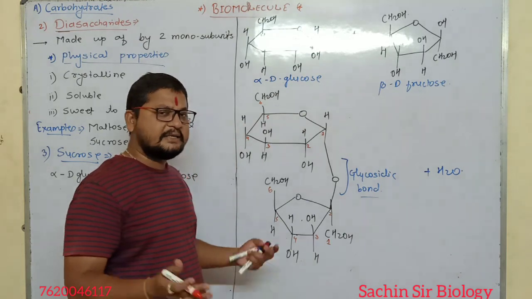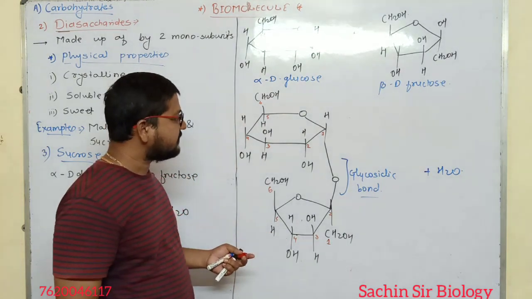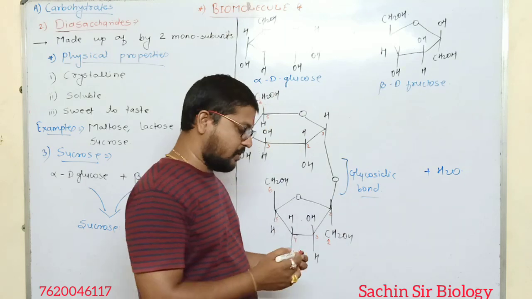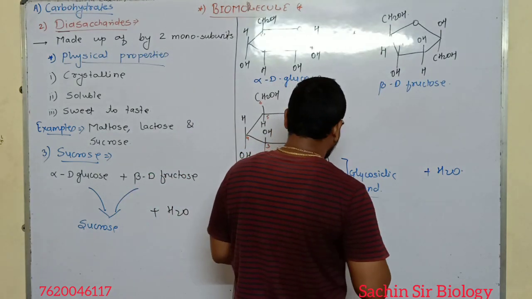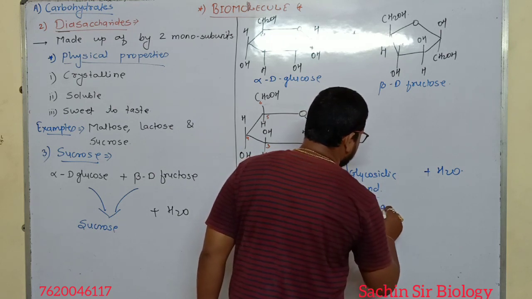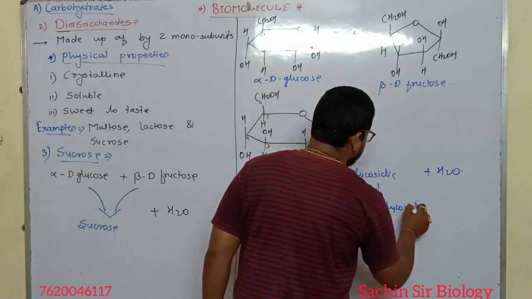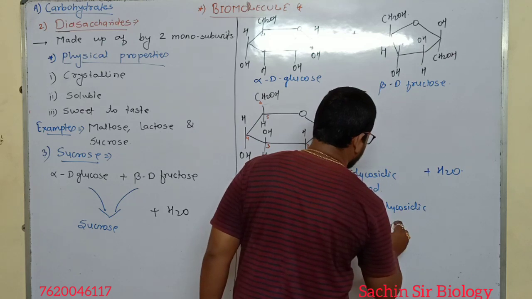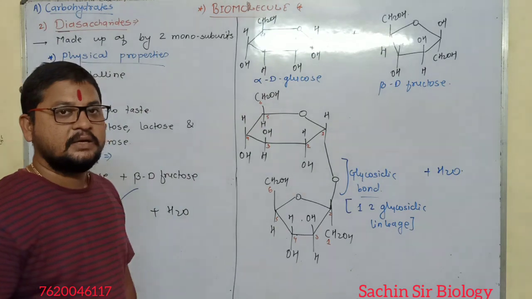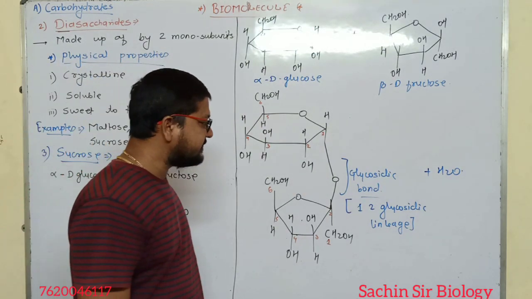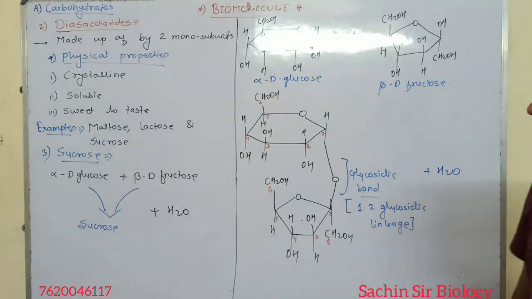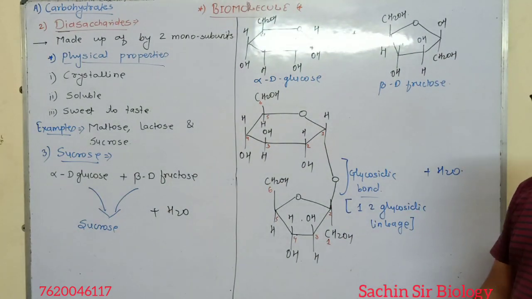Now, you can clearly conclude: in between which carbons is the glycosidic linkage formed? Between 1 and 2, glycosidic linkage. Between 1 and 2 glycosidic linkage. Understand?